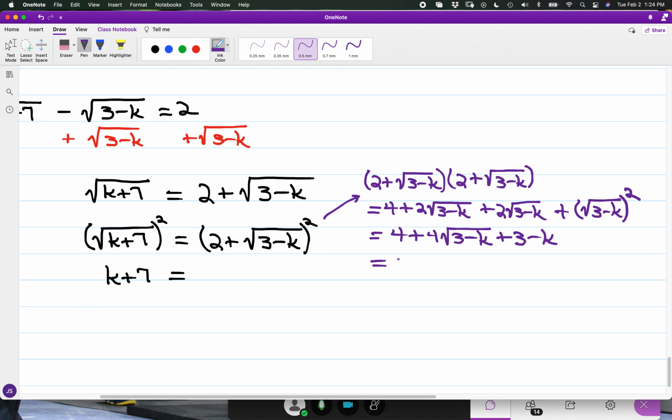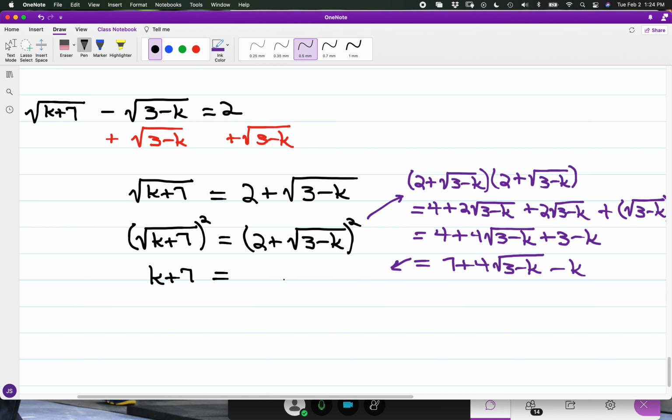Here we have 4 plus 3 is 7, plus 4 times the square root of 3 minus k, and we have negative k left over. So just transporting to what we have on the right hand side of the equation.